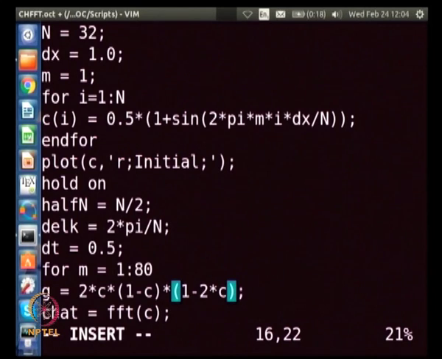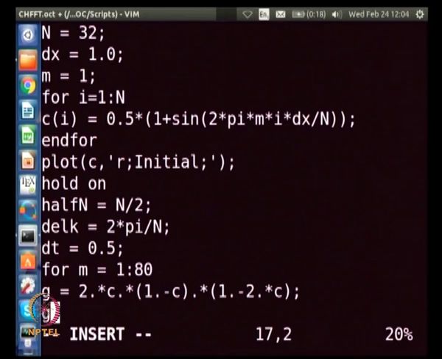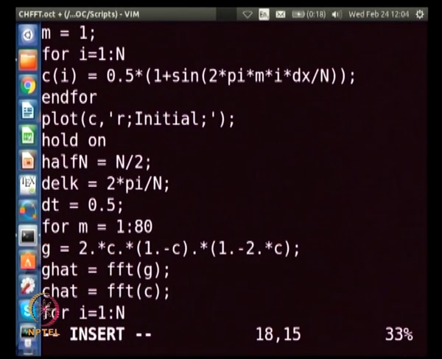So, this should be all element-wise: 2 .* C .* (1 .- C) .* (1 .- 2 .* C). So, it is very important, so that each component-wise it does and it saves it as G. So, now G hat is nothing but fft of G, right. C hat is fft of C.